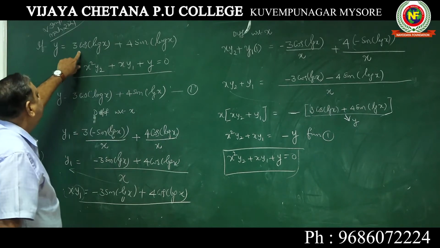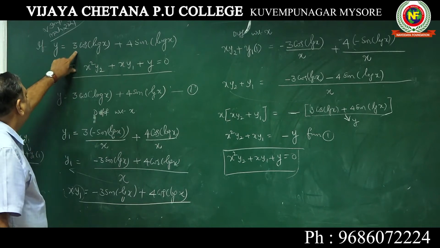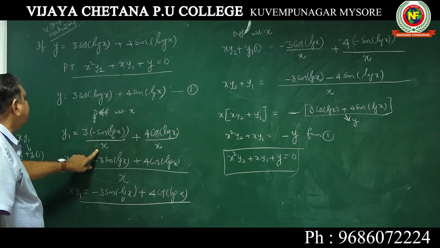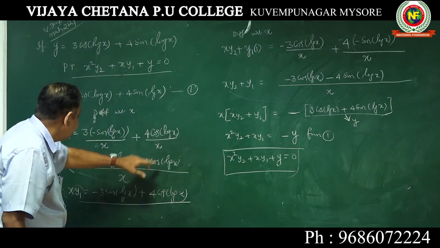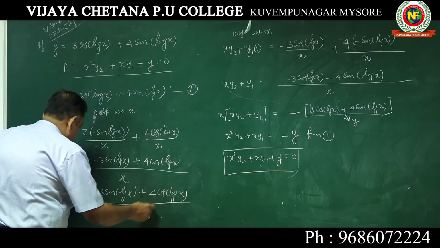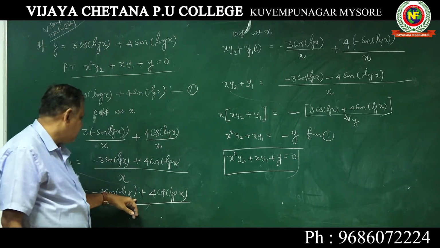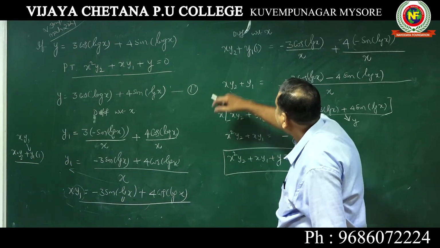Now y is equal to 3 cos log x plus 4 sin log x, and differentiated, y1 is equal to, cos x minus sin x into d by dx of log x, that is 1 by x. Understood? Similarly 4 cos log x into d by dx of log x. Taken LCM, cross multiplied, xy1 is equal to minus 3 sin log x plus 4 cos log x. Now here, again further differentiate.